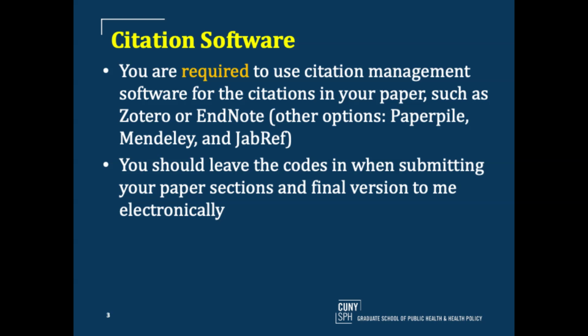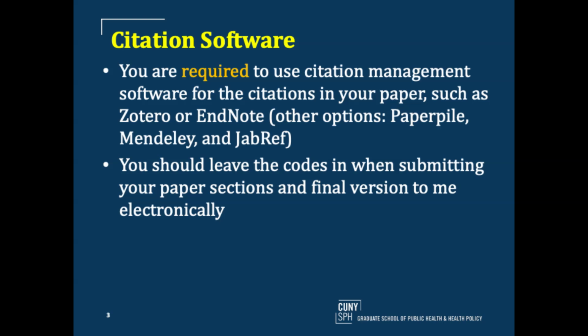So for this class, you are required to use the citation software for the citations in your paper, and you have some options to select from. Again, you have Zotero or EndNote as options. There's also PaperPile, JabRef, etc. Zotero you can download online. If you type Zotero into your browser, you can download a free version of it online.